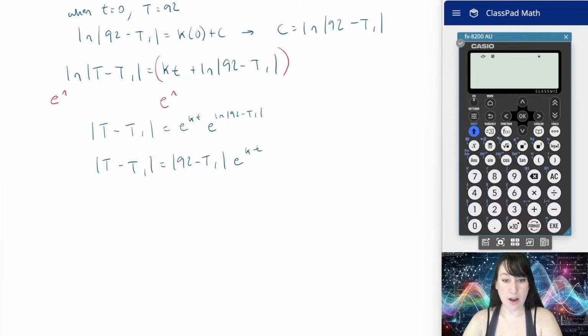Now if you've done modified exponential growth or decay, you know that T1 should be the room temperature. But if you wanted to show it, consider what happens as t goes to infinity.